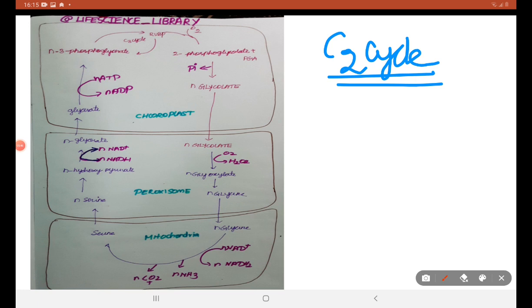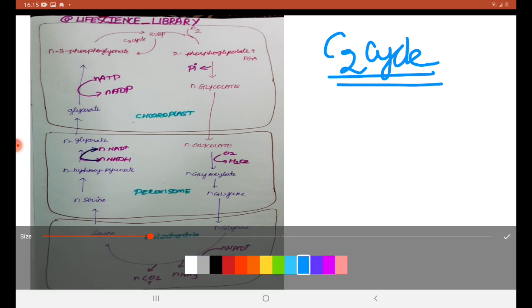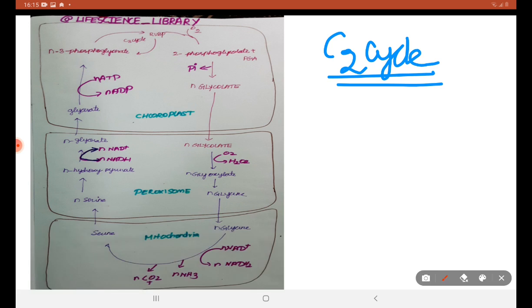What will happen in the C2 cycle? We have seen that when RuBP is oxygenated, it forms two different components: 3-phosphoglycerate will undergo the Calvin cycle and 2-phosphoglycolate will be involved in the C2 cycle.